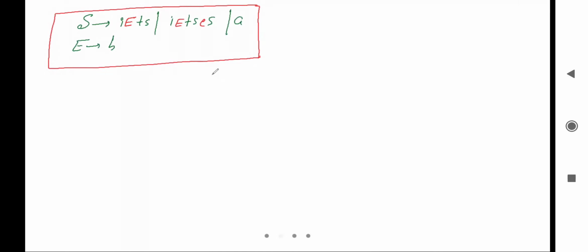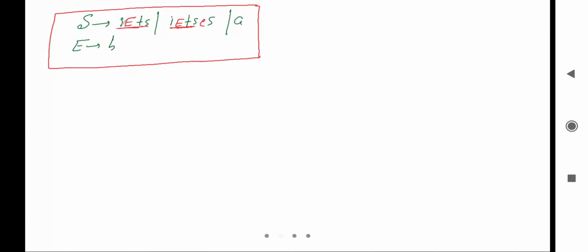Let me do the removal of the left factoring here. So here the left factor is I E T S. Till this part it is common in both the productions.